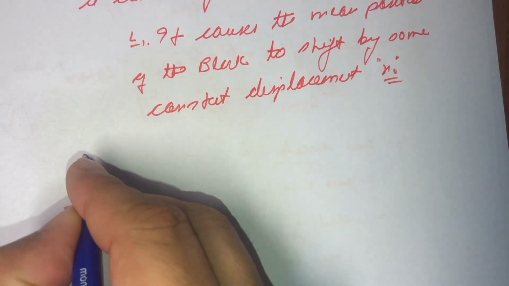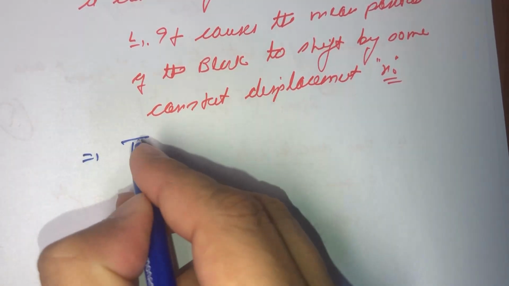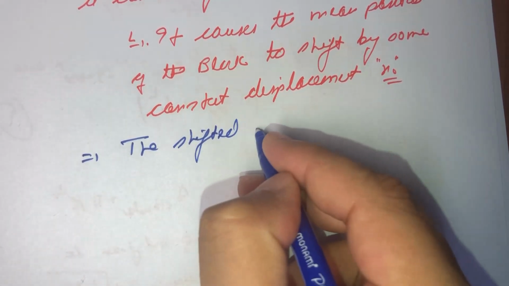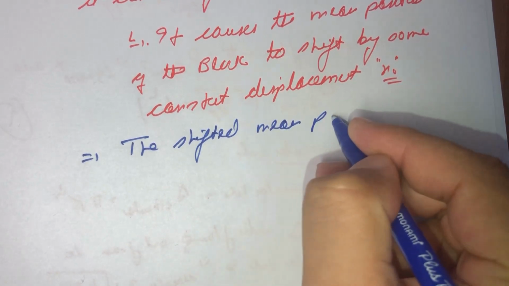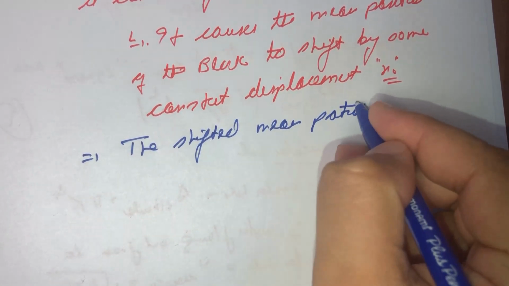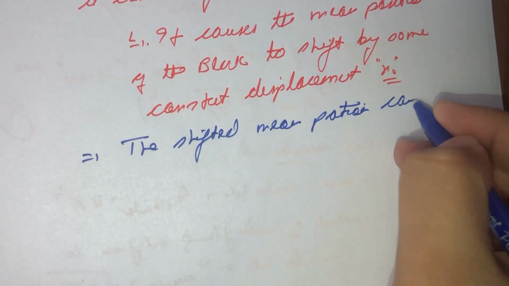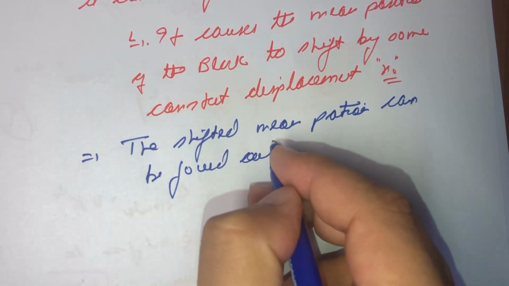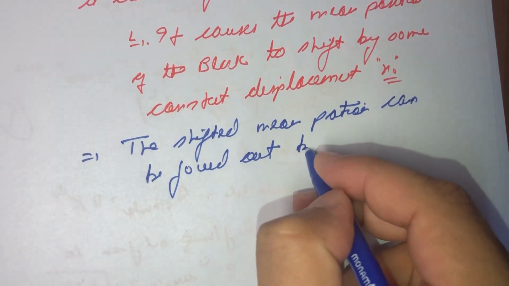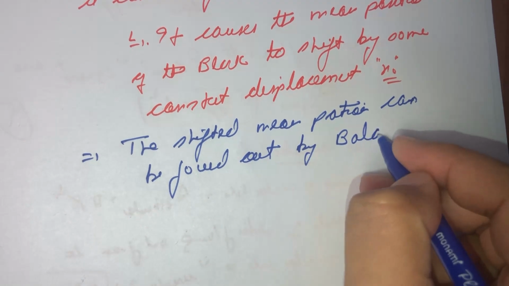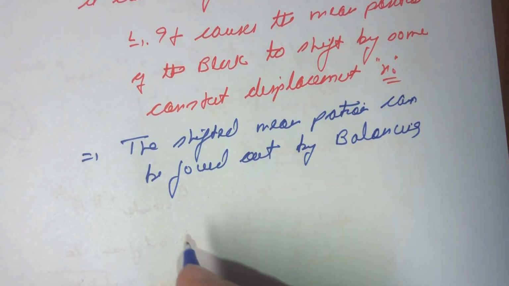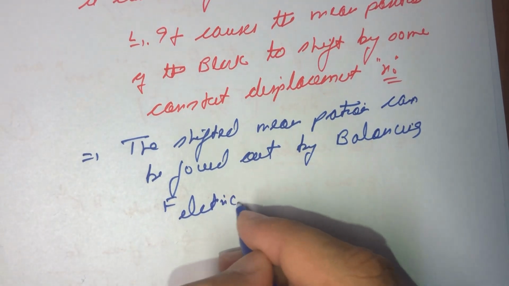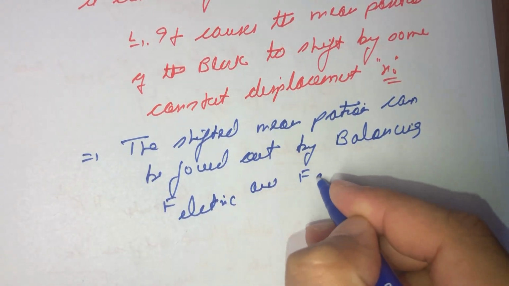So we can say the shifted mean position can be found out by balancing F electric and F spring.